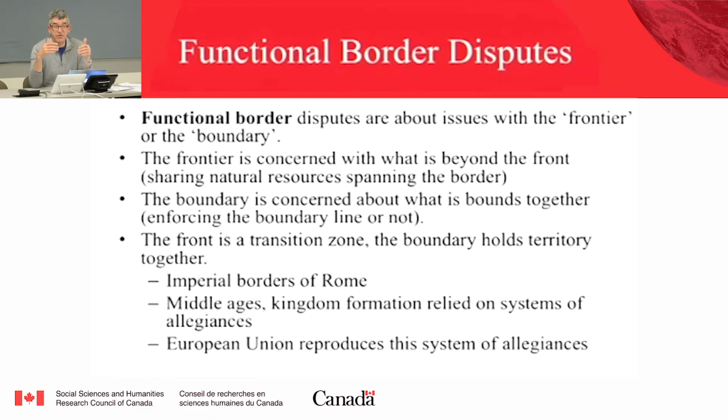So if you have a borderland that is resource rich, as I was saying, you have something that is like a functional dispute, but it can also be broached on to something that has to do with not just the functional exploitation of the boundary itself, but the wealth which is just below.